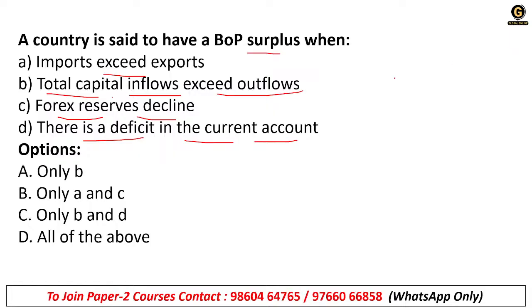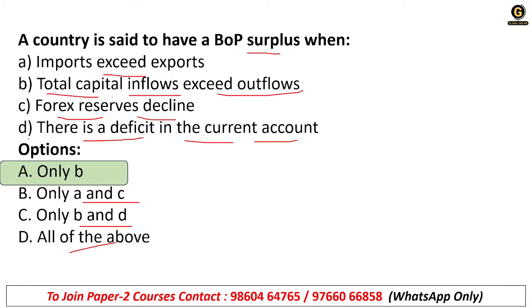Only B, only A and C, only B and D, or all of the above? Only B. That is, total capital inflows are exceeding the outflows, right? When our inflows are greater than the outflows, that is called the BOP surplus.